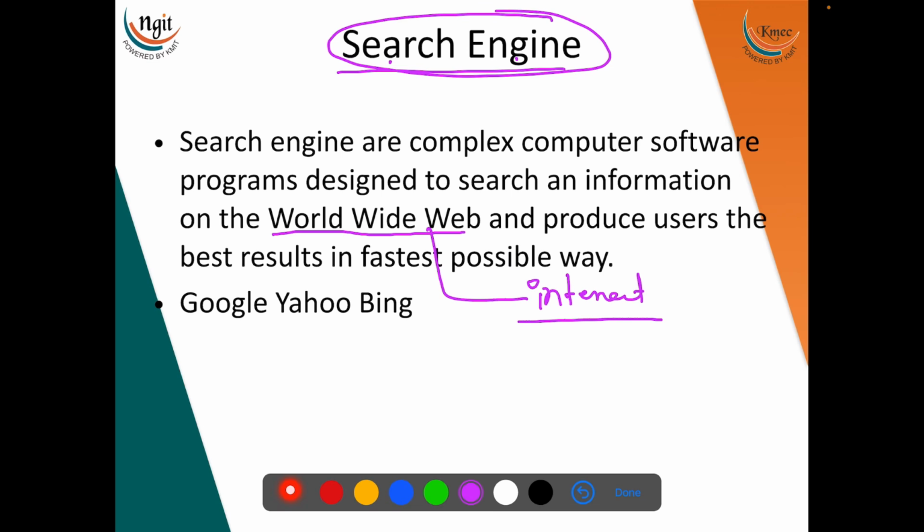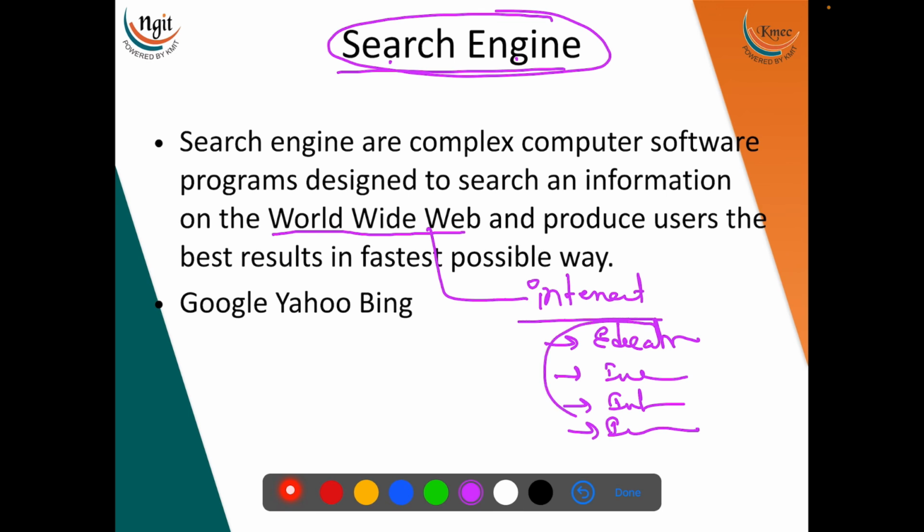Now the world is on the internet. Everything is available on the internet. If everything is available on the internet, let's say that everything will include all the education policies, information about the colleges, information about the government, and information about many things.